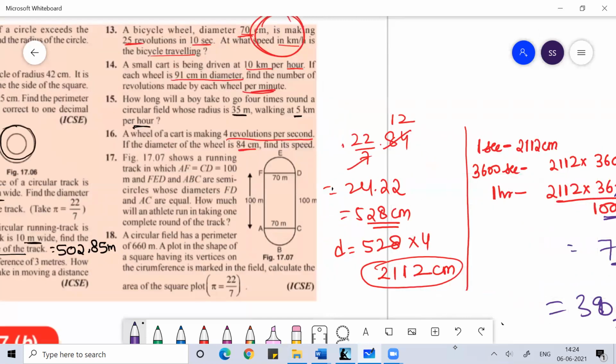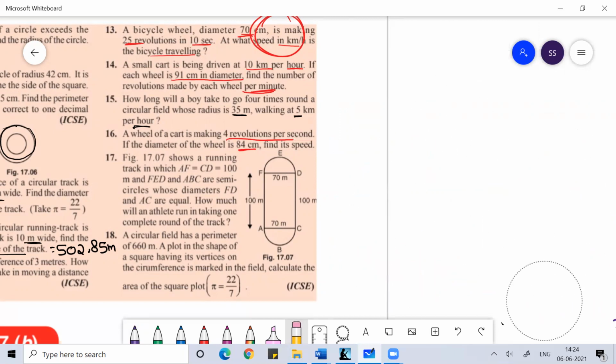Do the 17th one. So 420 meter. This is 100, 100 plus 100, 200. 200 plus pi d, this would be 220. 220, sir. 200 plus 220, 420.